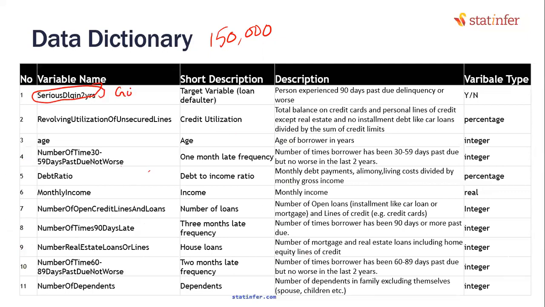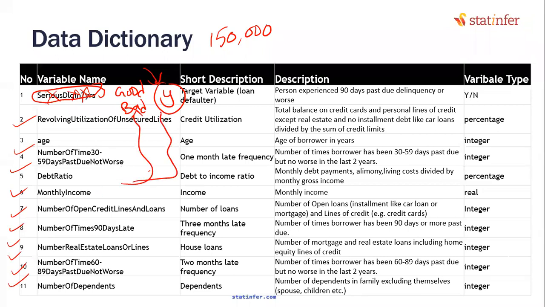Whether you are a good customer or a bad customer, that is the target variable, this is what you are predicting. If you don't have this, even with all the other information, you will not get to know who finally led to risk and who did not. Let us suppose you don't have monthly income; still somewhere from debt ratio, age, this information is hidden, you can grasp it.